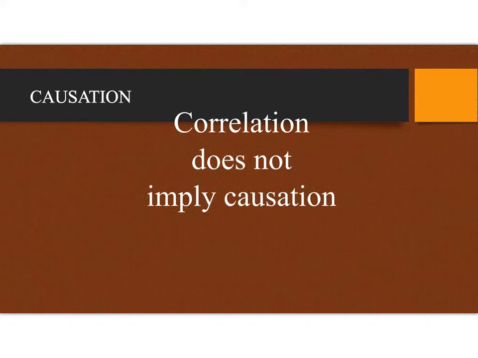The number of at bats could be a portion of it, but an improved swing, an improved stride, a better mental aspect of the game, being more patient on which pitches they hit, could be the reason. So you may find correlation, but it may not be totally caused by the two things that you're speaking of.